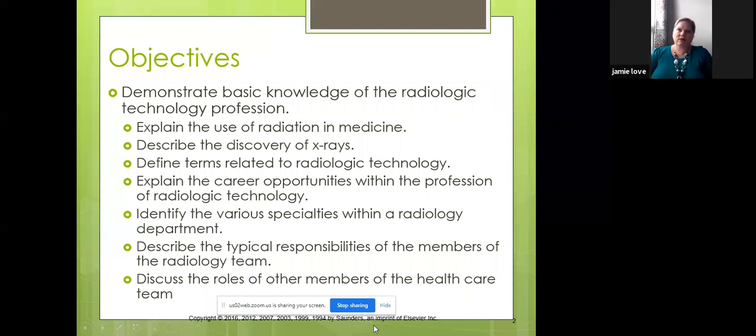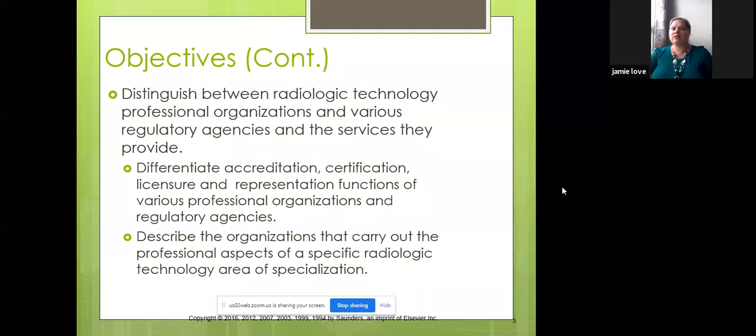And then once we get into chapter 2, we're going to look at the organizations, regulatory agencies, and talk about the difference between accreditation, certification, licensure, and representation of these different agencies and why they're around, what they do.